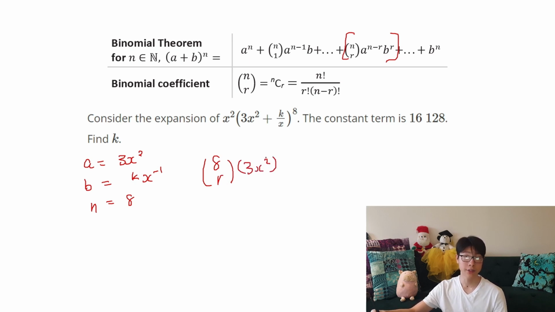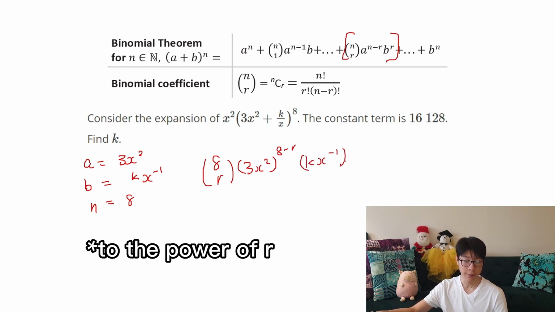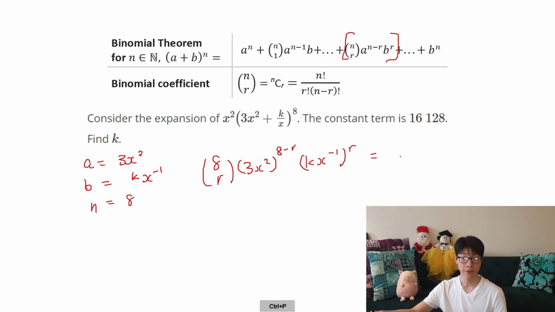Notice you have to put the brackets around the whole term, to the power of n minus r, which is 8 minus r, and b, which is kx to the negative 1, to the power of r. And what we are looking for is that it will equal 16128x to the 0, or just plainly 16128.